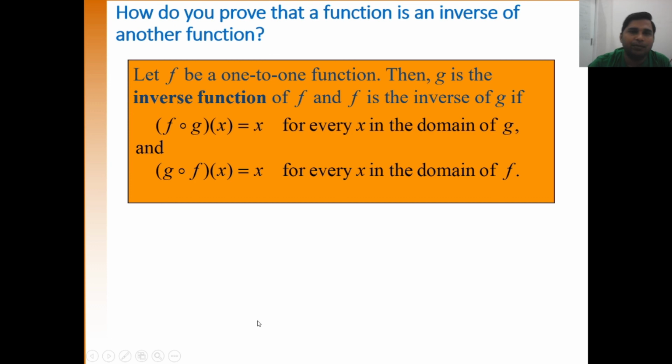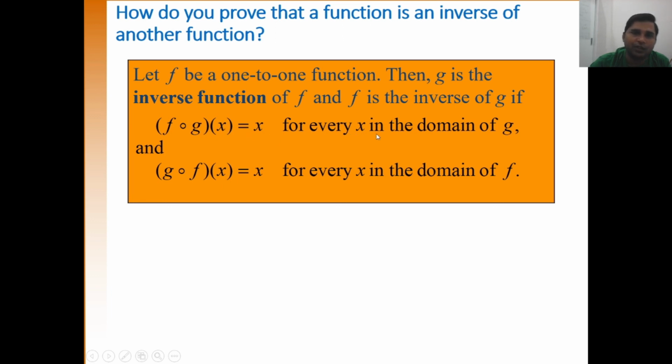This is the property: if g is the inverse function of f, then the composition f of g of x is equal to x. It means f of f inverse of x is equal to x, or f inverse of f of x is equal to x.